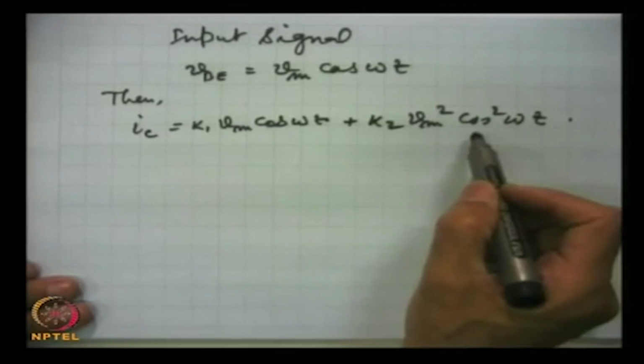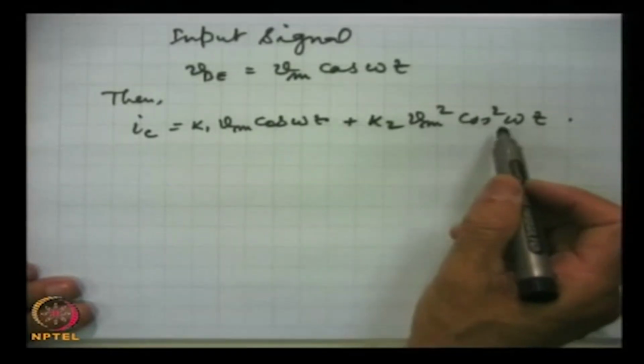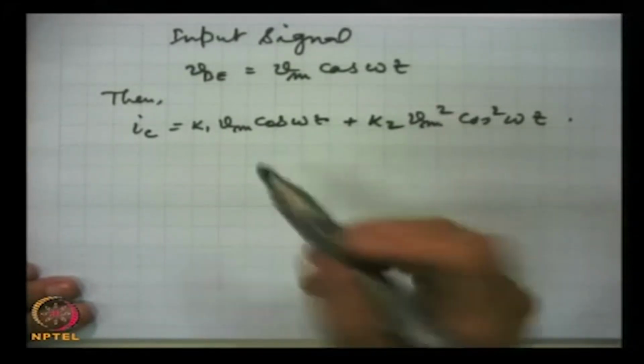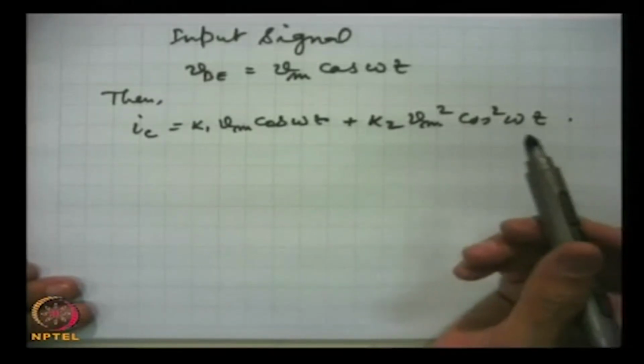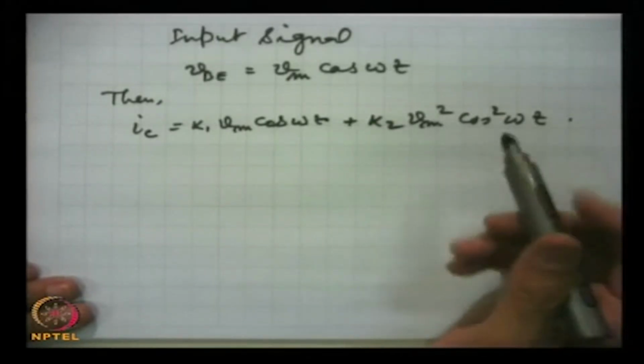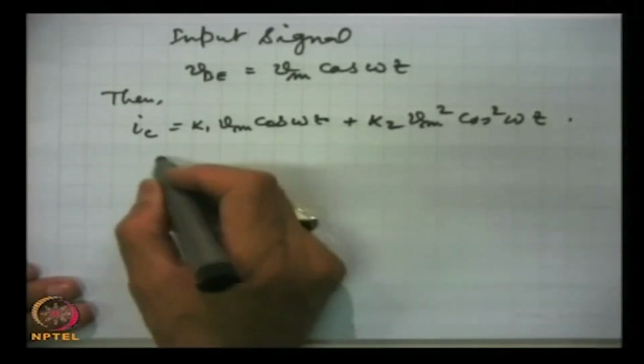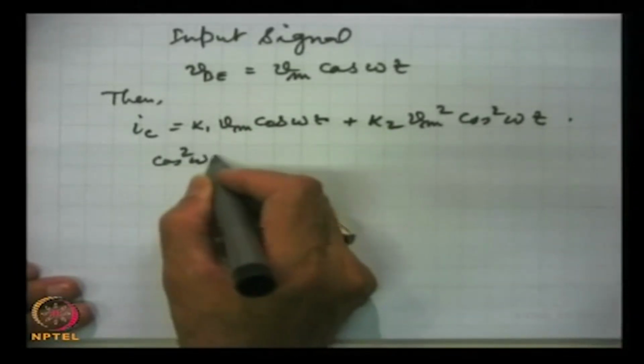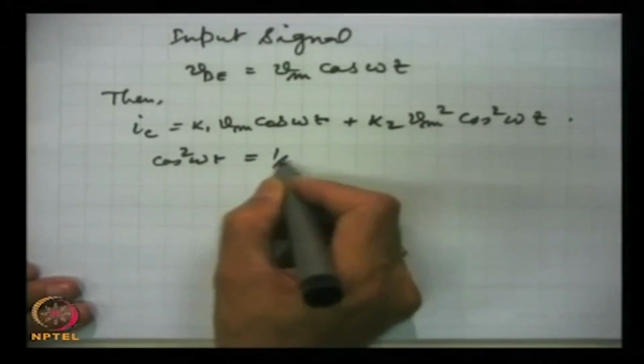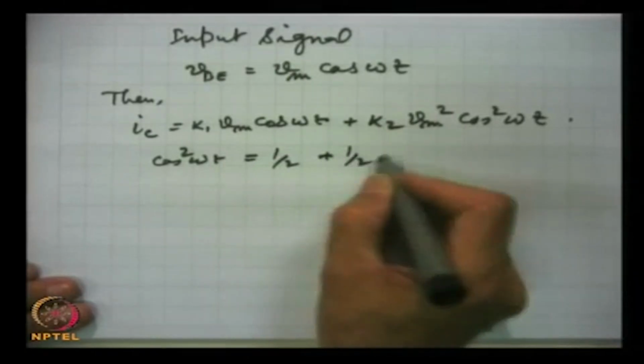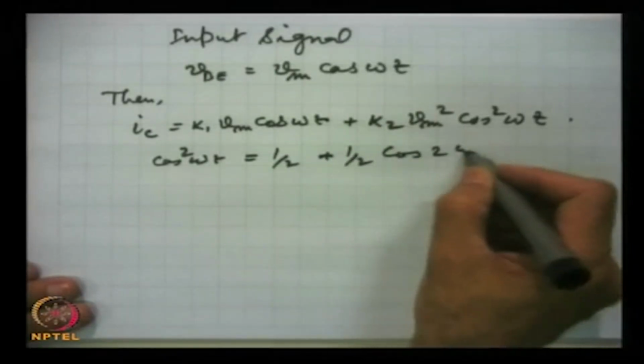Now, this cos square omega t term can be written in a different form using the trigonometric relation cos square omega t equals half plus half cos 2 omega t.